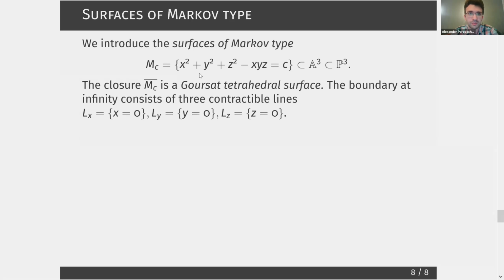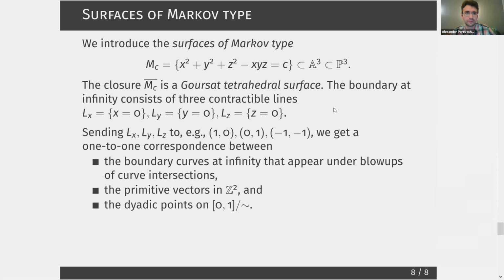It's an affine surface, but its closure is called the Gaussian tetrahedral surface. It's called tetrahedral because it has the symmetries of a tetrahedron. In fact, if you look at the lines there, you see a tetrahedron. The boundary at infinity consists of 3 contractible lines, and they form a triangle. Again, we can apply the same procedure here.